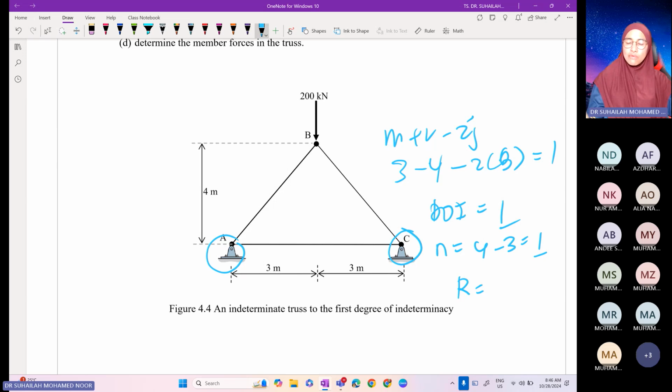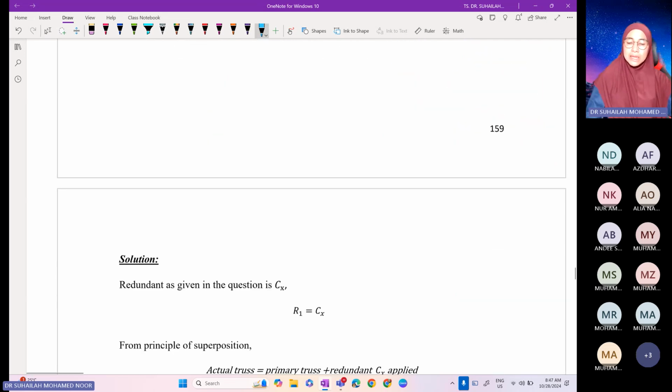So kita kena remove one from support, so to become roller, so that dia jadi one pin one roller. One pin one roller means stable truss, stable and determinate. So boleh remove either AX or CX pun boleh. Okay, so we remove either one, so it becomes roller, then dia jadi determinate truss.